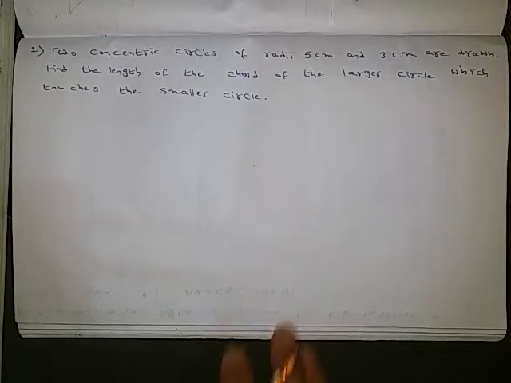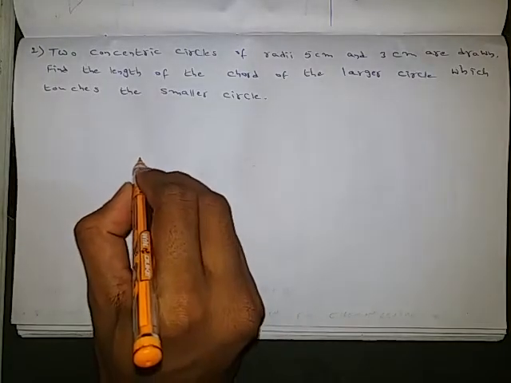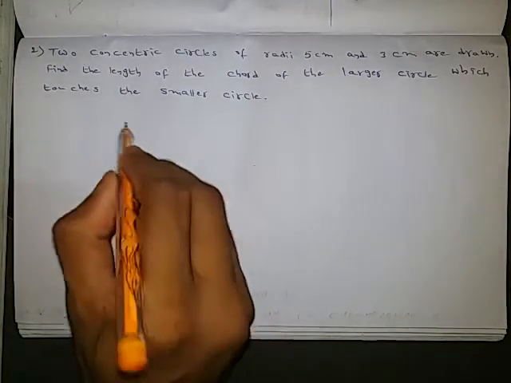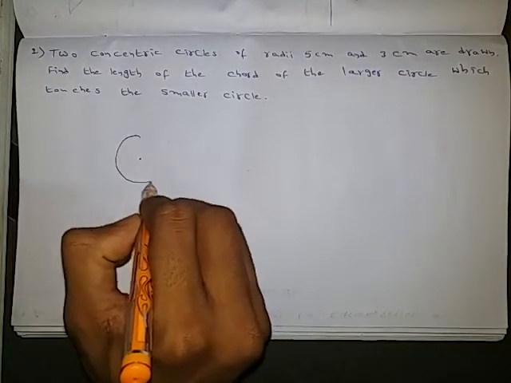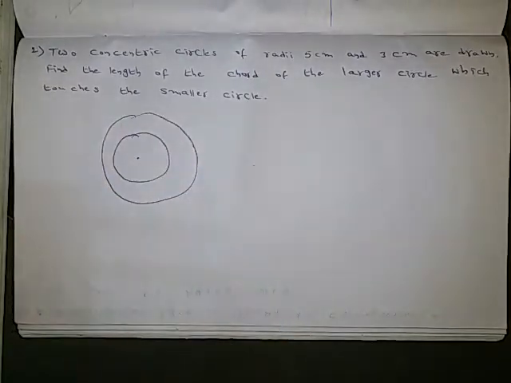Two concentric circles. Concentric circles are nothing but two circles with the same center. Based on one center, we need to draw the two circles, one circle inside another circle. Concentric circle means one circle inside the other, otherwise, two circles with the same center.